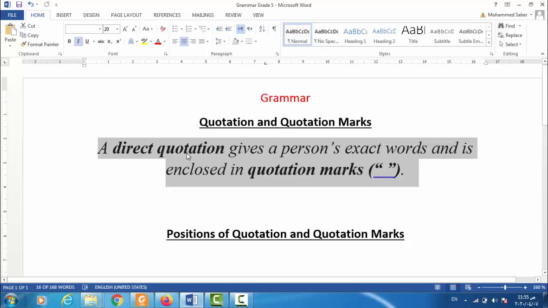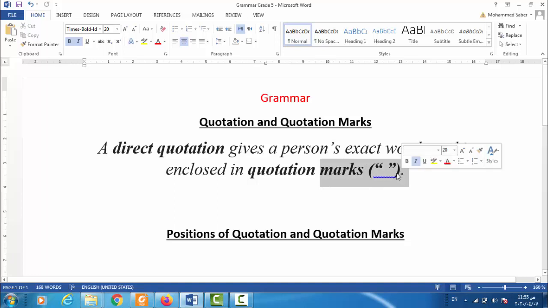So we have quotation in English because we want to tell the reader that these exact words are, for example, Jamie's, Muhammad's, Faris's, anybody's. So when I put quotation marks like this one, it means that the exact words inside the quotation marks are for a specific person.